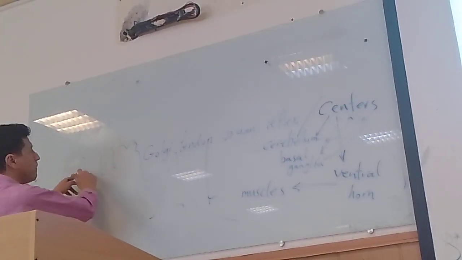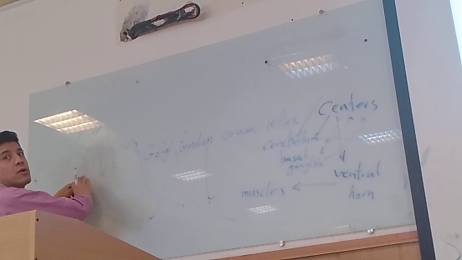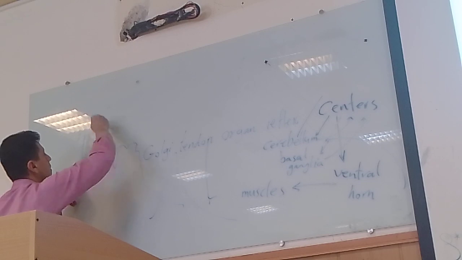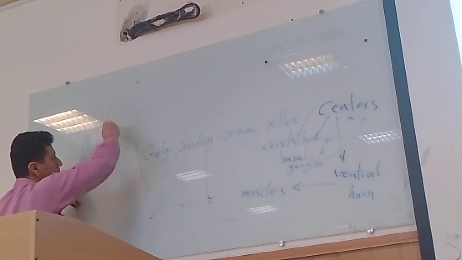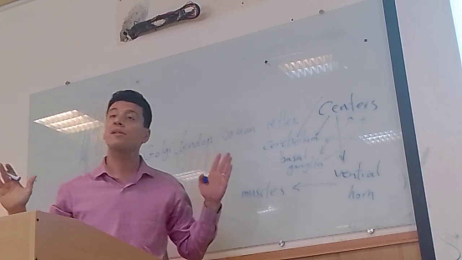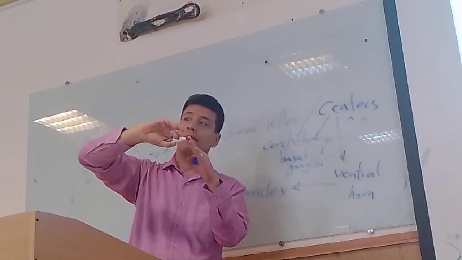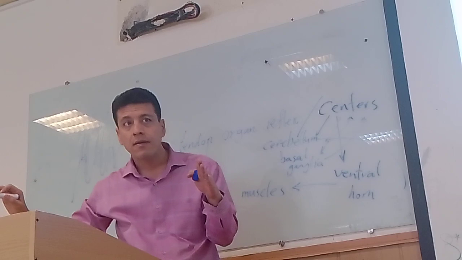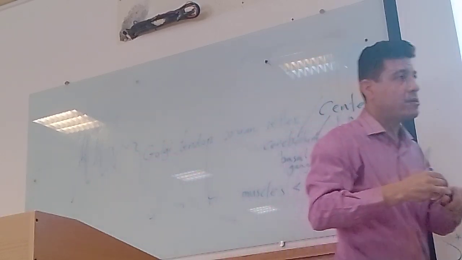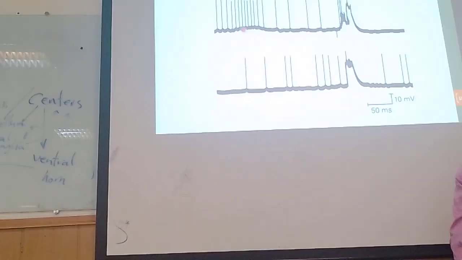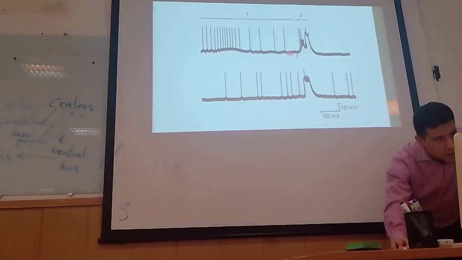Okay, but when the resting membrane potential goes upward, then you will have some action potentials like this. Okay, so you will have several action potentials on top of the resting membrane potential. Okay, so you will have two phases. One phase is like this. You can see this one is the resting membrane potential.